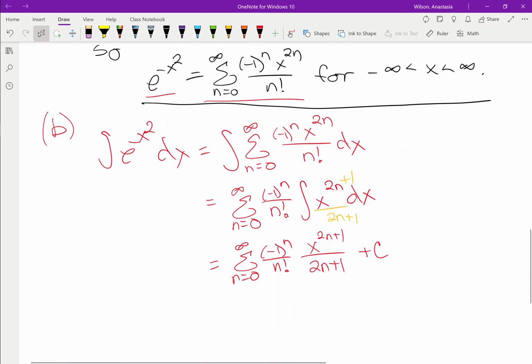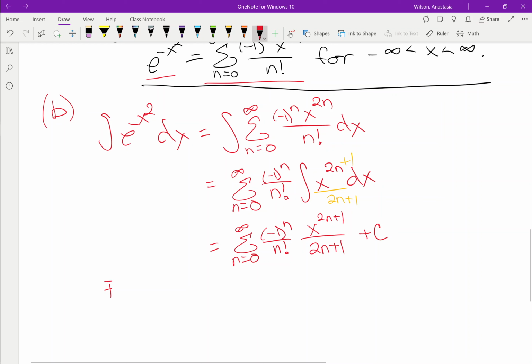Now this is our power series representation, but we also need an interval of convergence. So let's see if we can remember what sort of information we have when we use integration to come up with a new power series. With both integration and differentiation, but in this case, integration is what we are using, does not affect the radius of convergence.